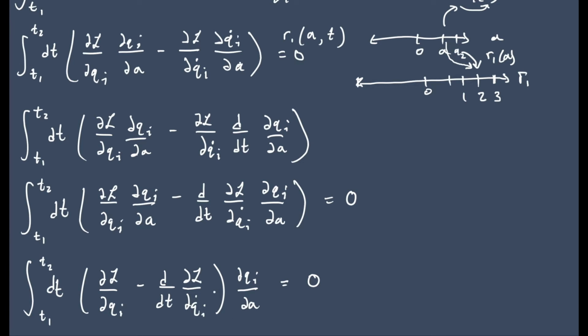Okay. So in other words, dL/dqi minus d/dt, the time derivative of my Lagrangian with respect to qi dot, is equal to 0.